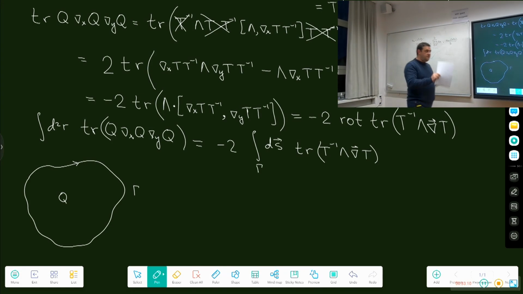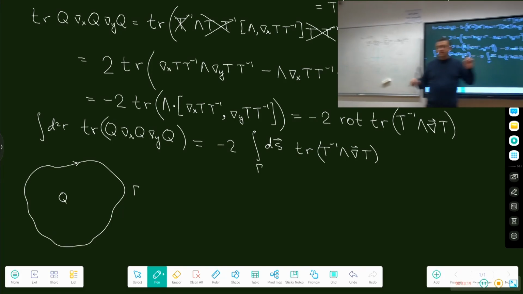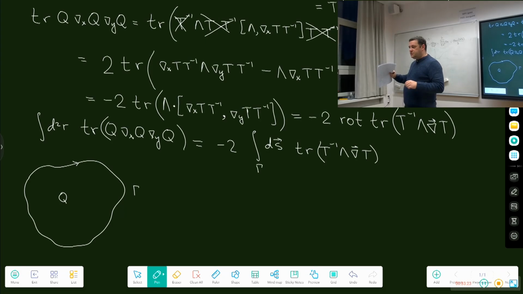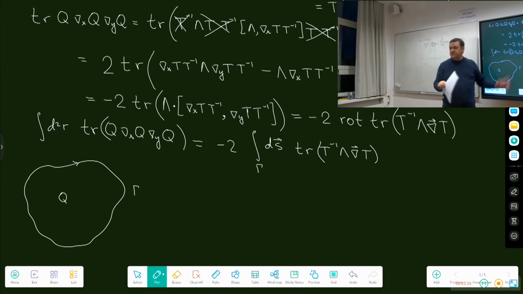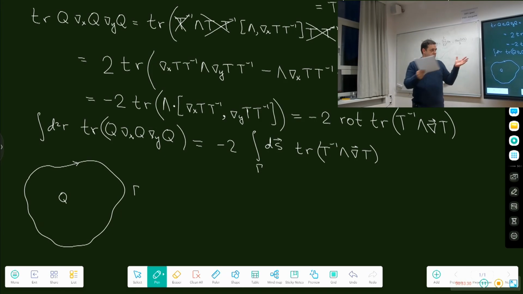But there is another caveat in this thing, not a caveat, another property. It's a total derivative, but it is written not in terms of the Q matrix. It's written in terms of the matrix T rather than the matrix Q, which means this term violates gauge symmetry. I mean, gauge symmetry is a symmetry when you change matrix T such that Q is not changed.